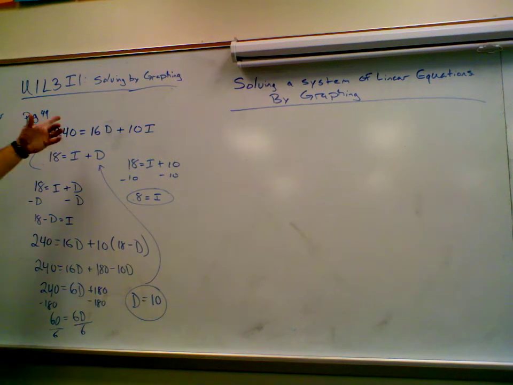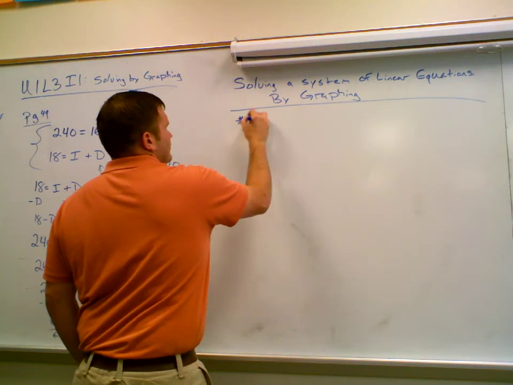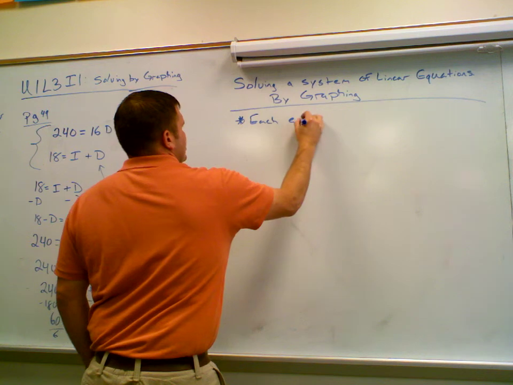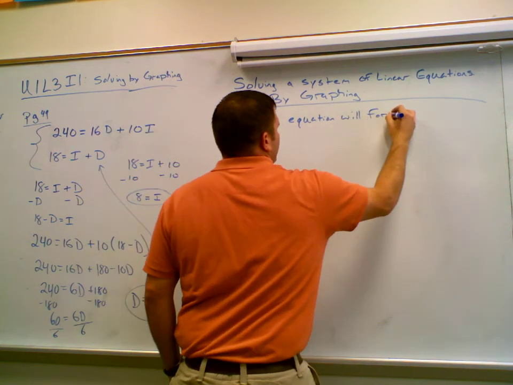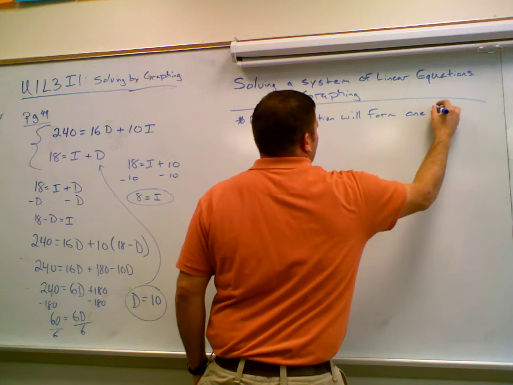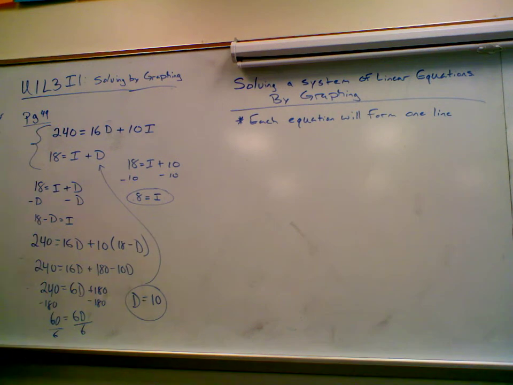So we said these two equations will really make a what? Each of them will make a line. Each equation will form one line. If I have two lines, how many times can they intersect?